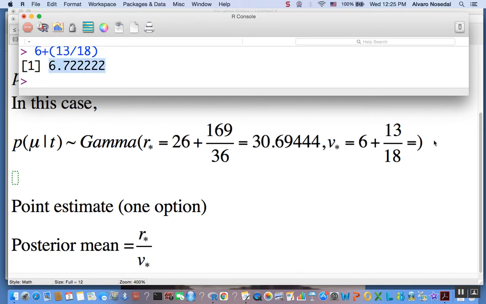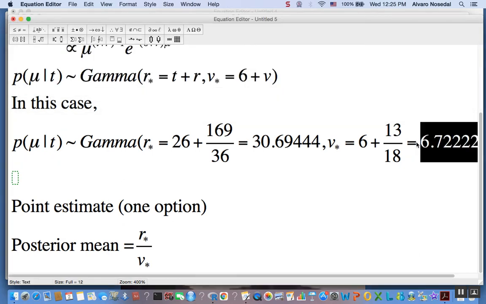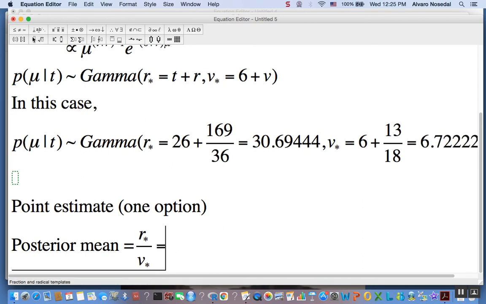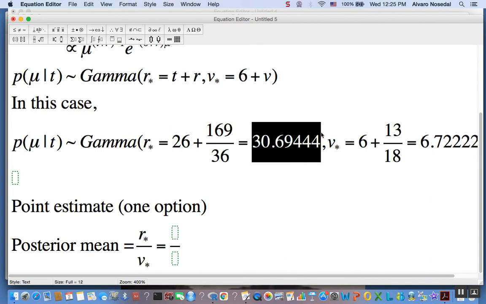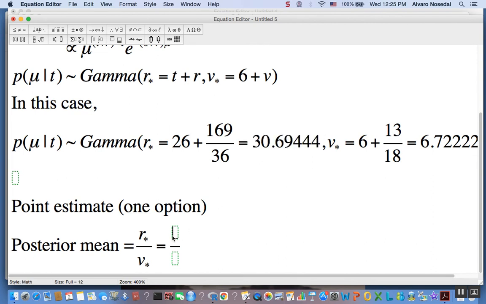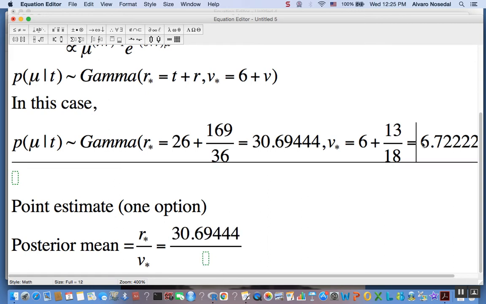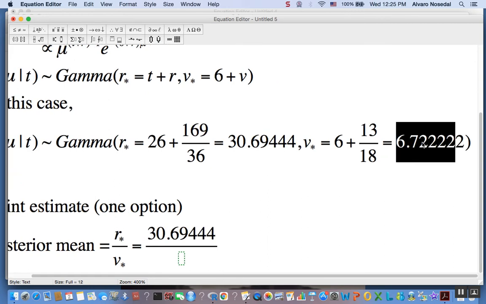Okay, so one option would be that 30.69 roughly divided by 6.72 roughly. That would be our point estimate for mu.